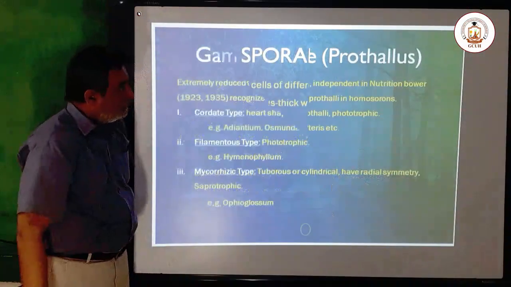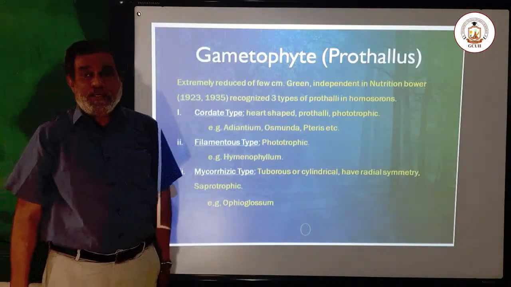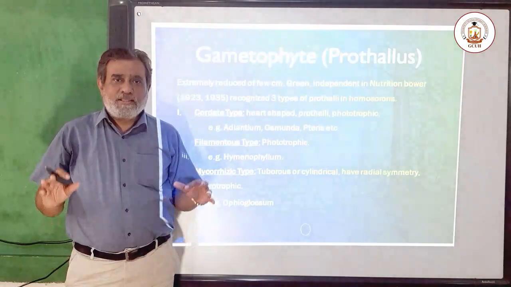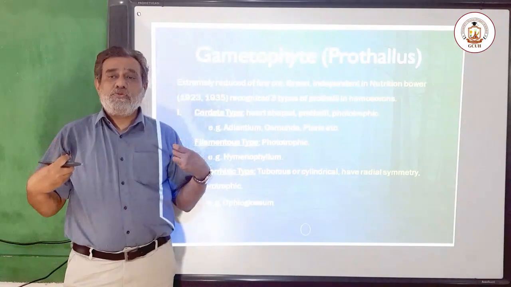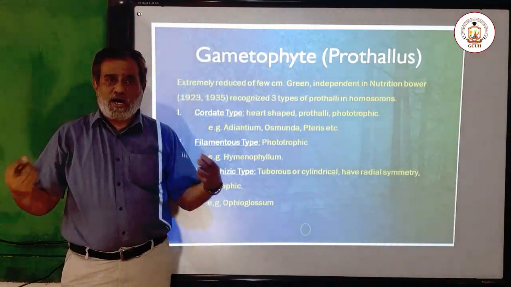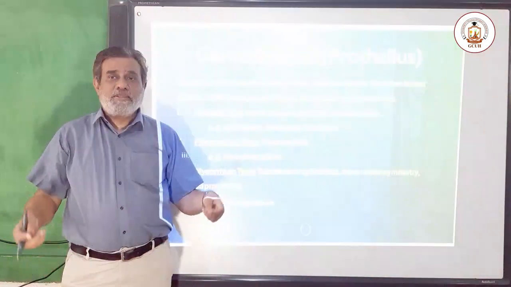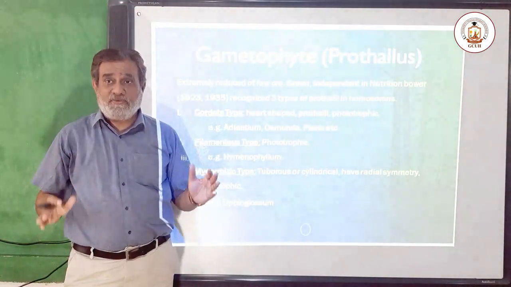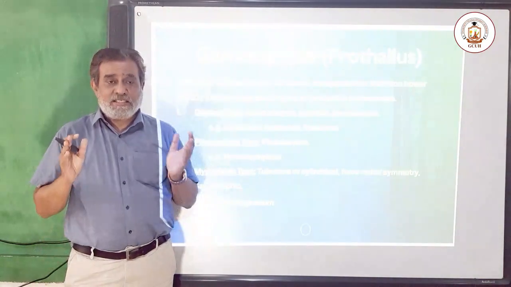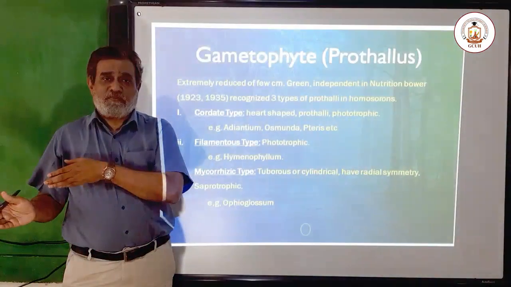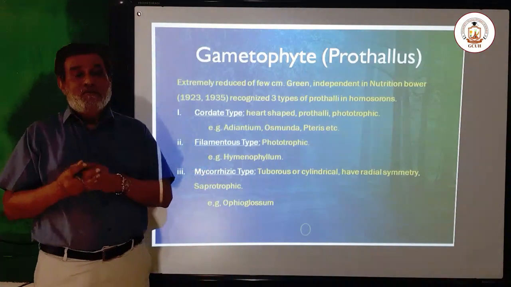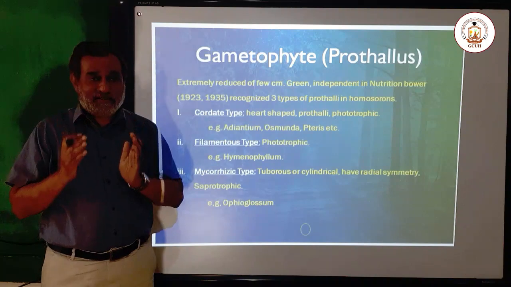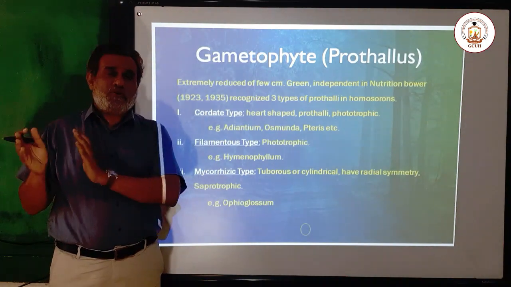Now when these spores drop onto a proper substratum, they develop into a new plant, but this time the plant is not a sporophyte. The plant is a gametophyte. The gametophyte is the second, alternate generation, but its structure does not look like the sporophyte.